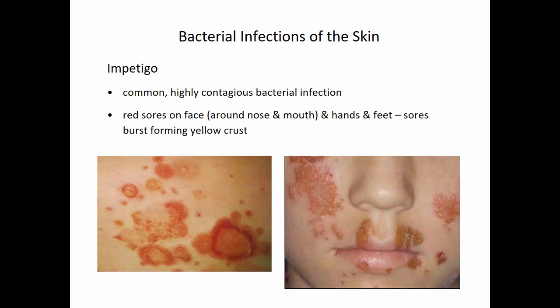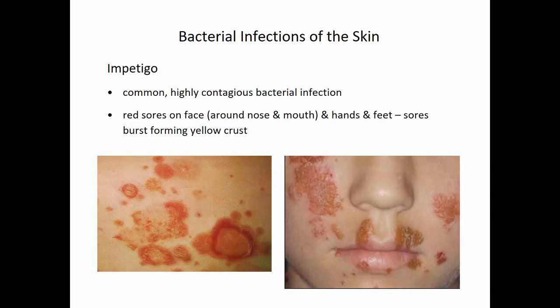One of the most common ones is impetigo, and if you work with kids at all, whether at school or at a summer camp, particularly camps where kids are not exactly most diligent in their personal hygiene, then sometimes we get outbreaks of this particular bacterial infection. So highly contagious by direct contact.